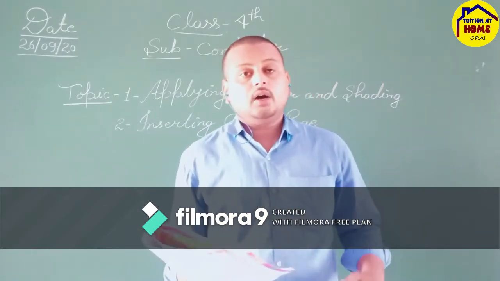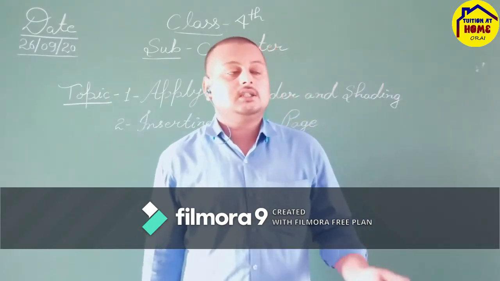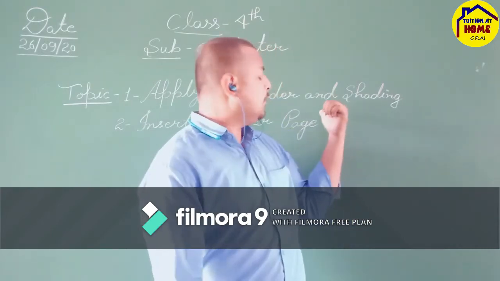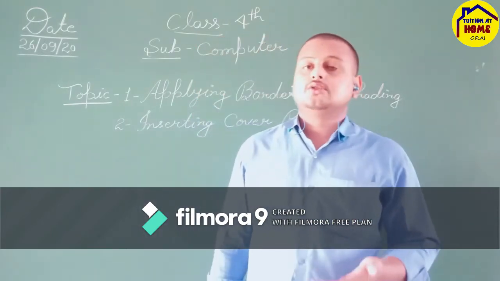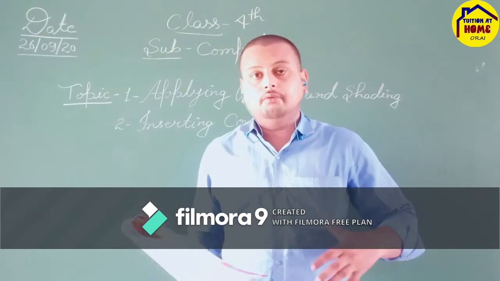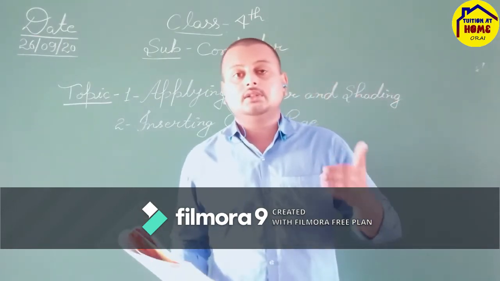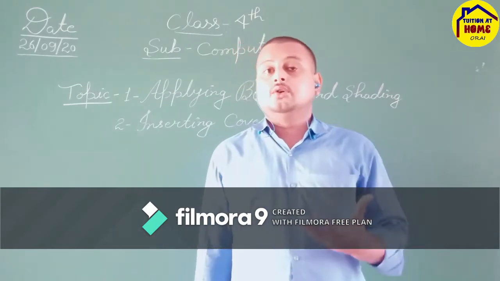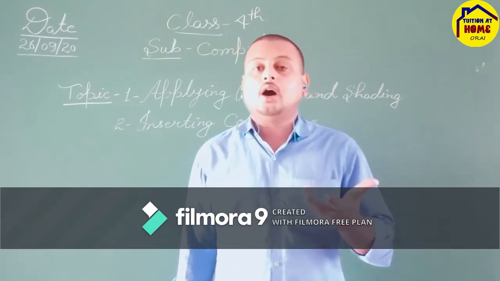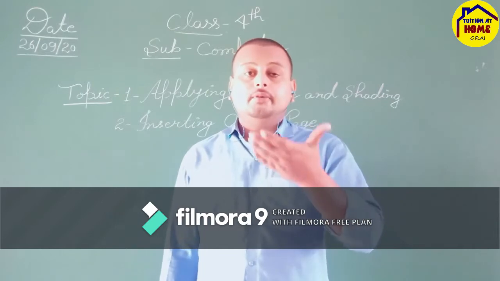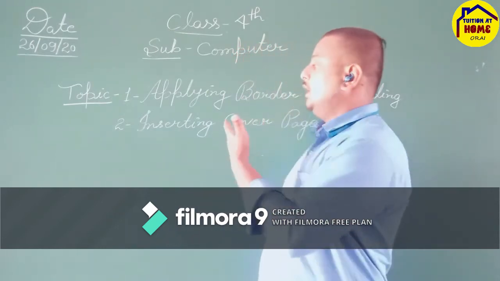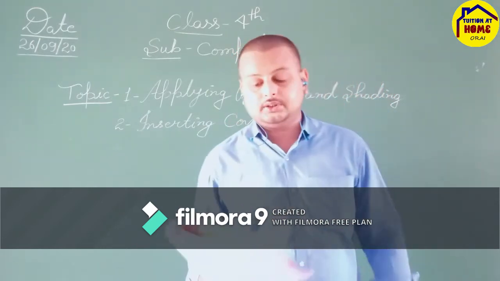If you are going to apply these border and shading options, first you have to know what border and shading are. After that you have to know the steps, by following which you get the border and shading option.